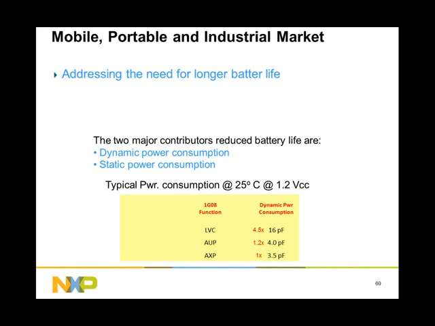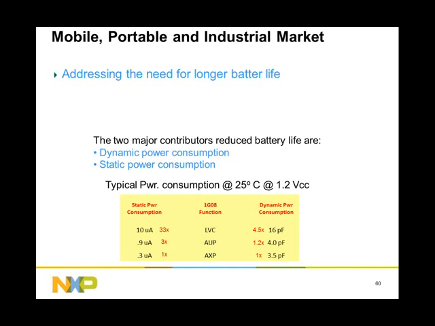However, what's significantly more important is how much power it uses when it's not working but just sitting in standby or idle mode. And we see that the static power consumption for an AXP is 0.3 microamps, AUP is 0.9, and the LVC is 10 microamps.